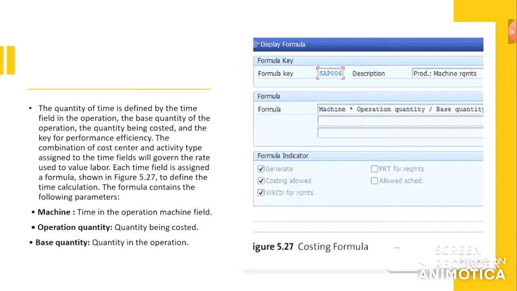The formula contains the following parameters: machine, operation quantity and base quantity, and we can see in the formula it is machine multiplied with operation quantity and divided with base quantity.